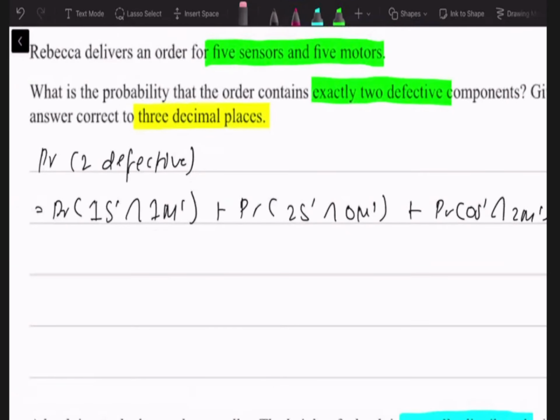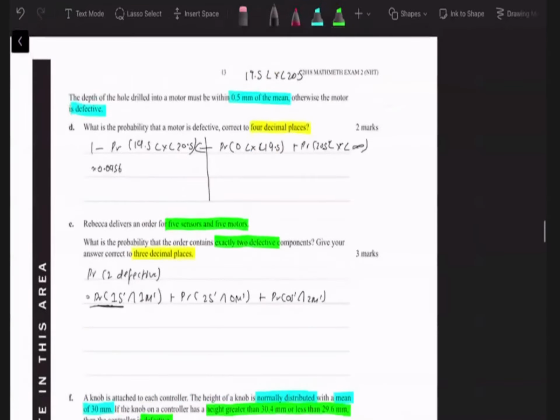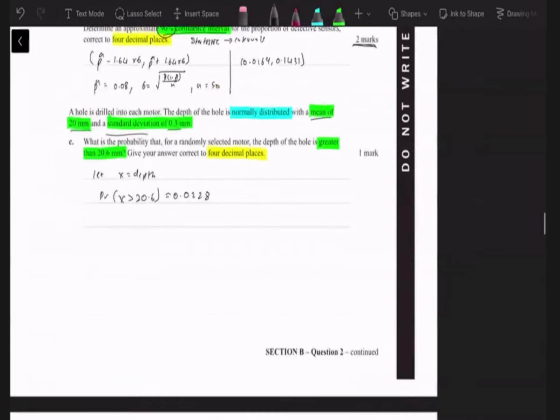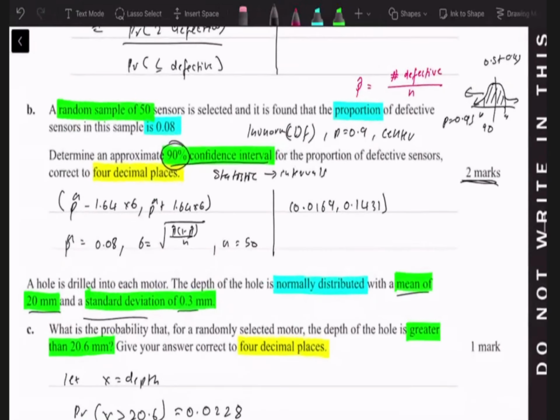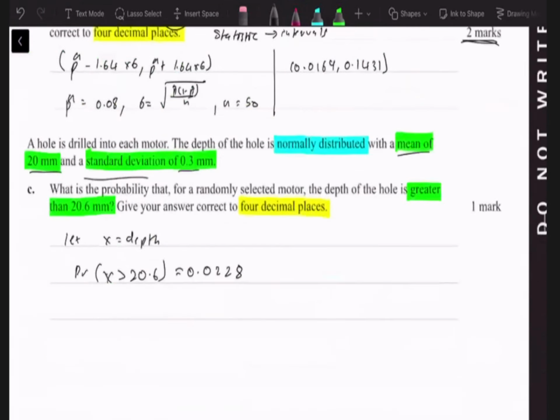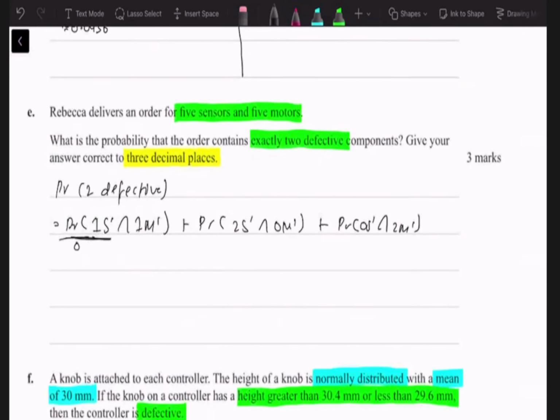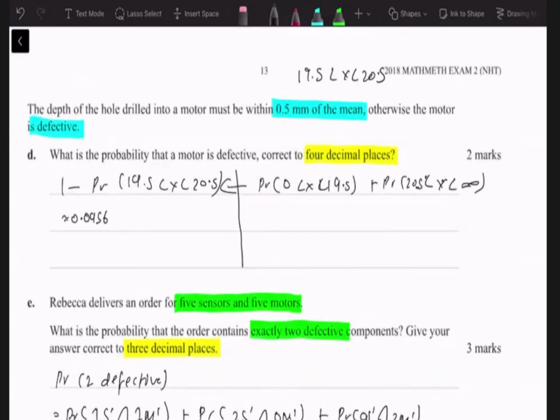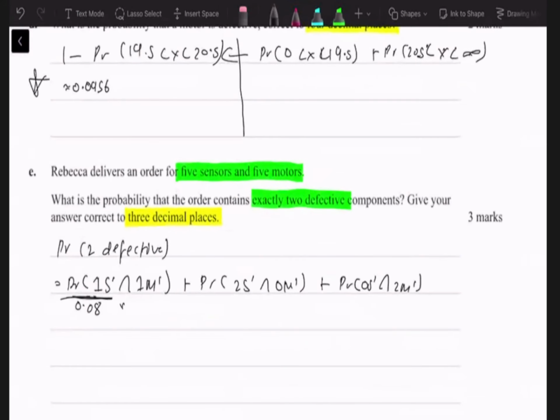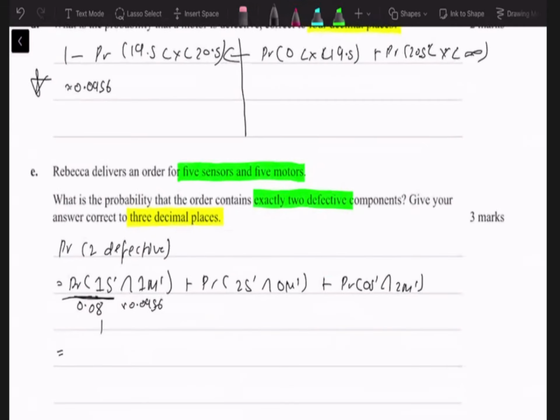Since they're independent, get the probability that one sensor is defective. They already gave that to us, so that's 0.08. And the probability that one motor is defective, we figured that out here. So this value times 0.0956, and just find that whole value.